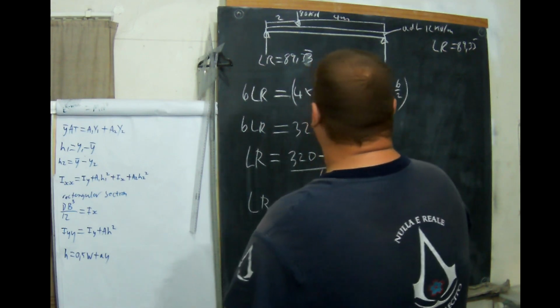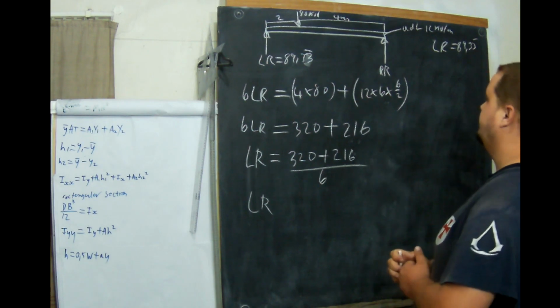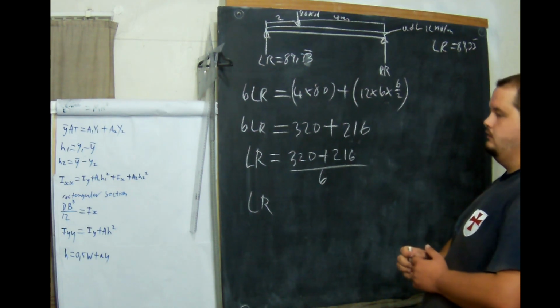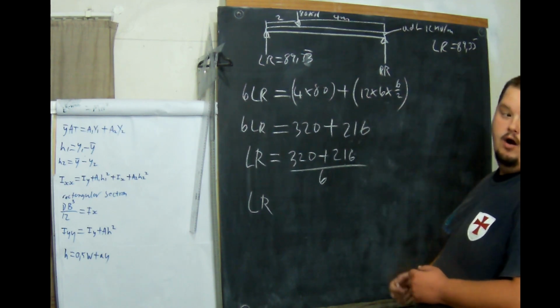Now, all we have to do is state the going down is equal to the going up in order to get RR.